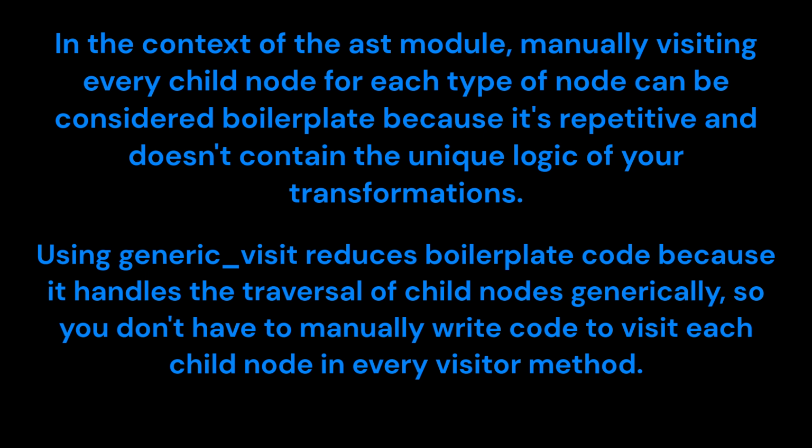In the context of the AST module, manually visiting every child node for each type of node can be considered boilerplate because it's repetitive and doesn't contain the unique logic of your transformations. Using generic_visit reduces boilerplate code because it handles the traversal of child nodes generically, so you don't have to manually write code to visit each child node in every visitor method.